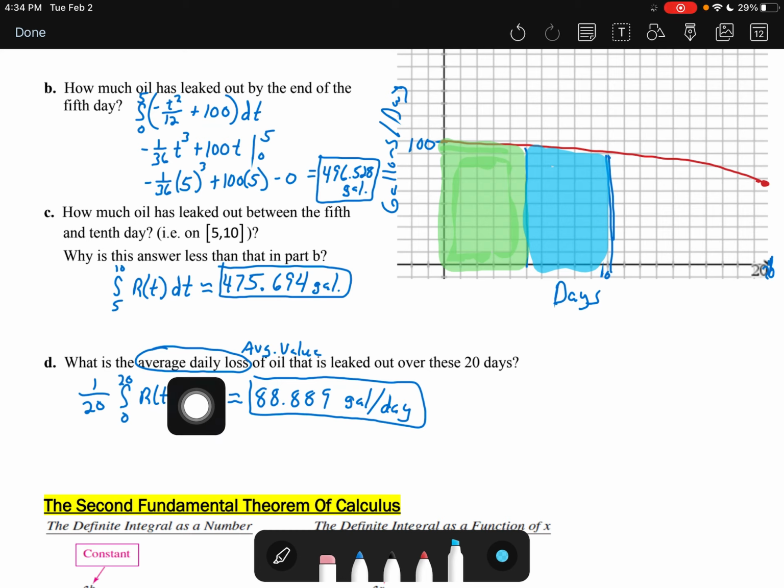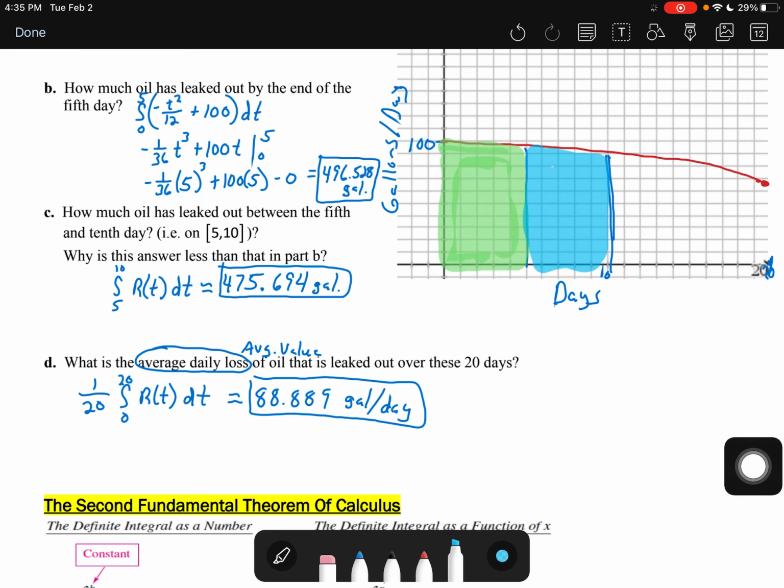Okay, and if you think about it, if I go from 0 to 20 days and I find the total amount of gallons lost there, so if I do the whole area under there, that's the total gallons lost over the 20 days. But then if I divide that by 20, that's going to give me the average amount lost per day. So that's the same idea, average value. So that formula is 1 over b minus a, which would be your 1/20th, and then times the integral from 0 to 20 of that function.